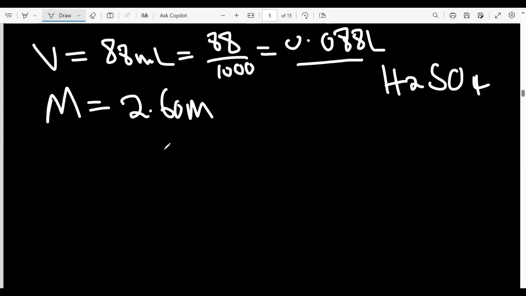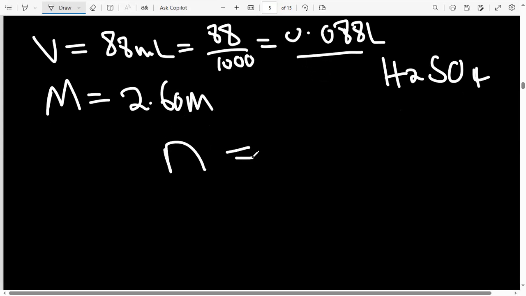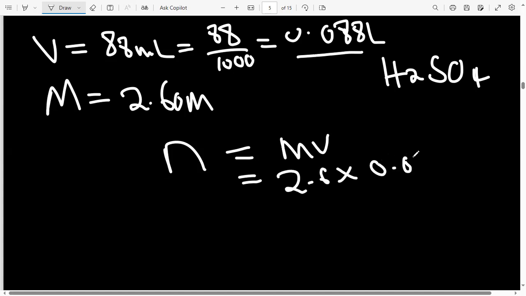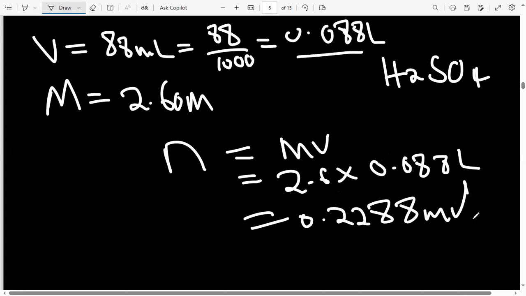So moles is just equal to MV, molarity multiplied by volume. So moles is equal to our M, 2.6, multiplied by our volume, which is 0.088 liters. Let me punch this on my calculator to get the number of moles. If I multiply these, I'm getting 0.2288 moles.